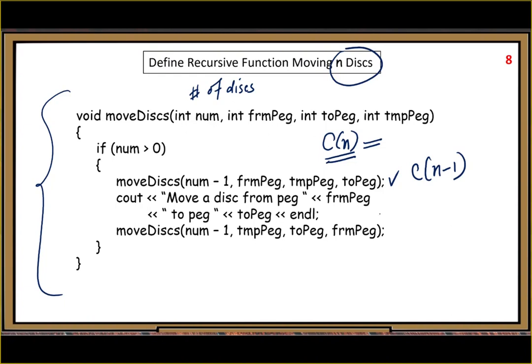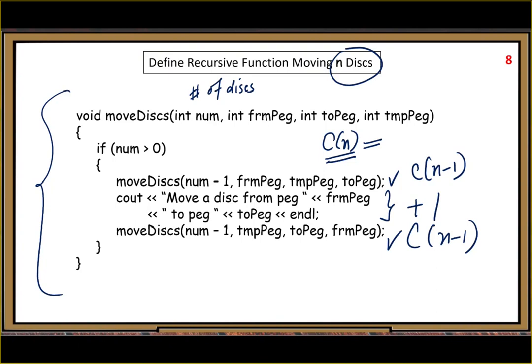Then the middle one, the bottom disk, plus 1. This is one move. Then another C of n-1 moves. That's all the moves we need.